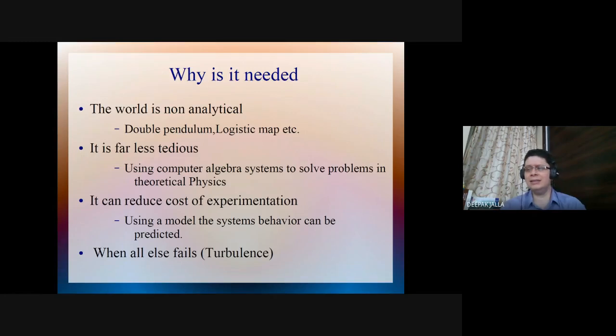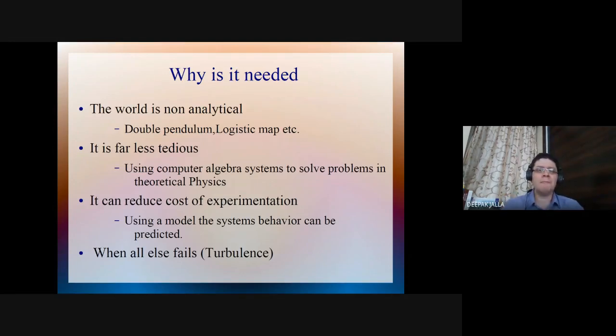Why is it needed? We were fine with pen and paper physics. Why is this branch of physics needed? I mean, we were fine, right? We solved all sorts of problems, ranging from classical physics to high energy physics, using pen and paper.